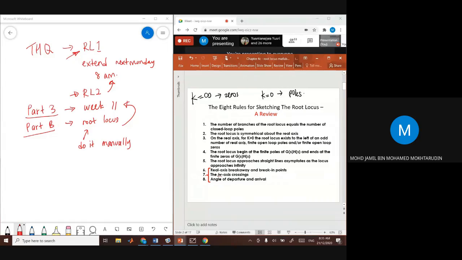And then rule number 2 is the root locus is symmetric about the real axis. Rule number 3, basically we start with the first pole or zero, and then to the left of the real axis. I said last week that rule number 3 is a bit complicated.